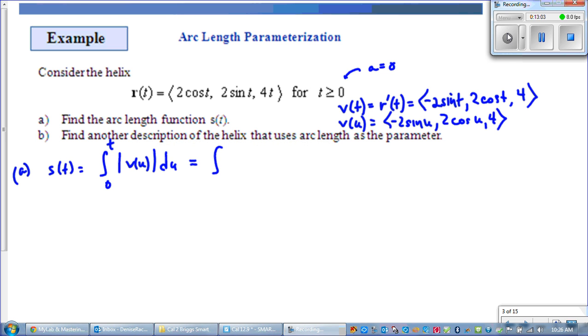So we're integrating from 0 to the variable t. The magnitude of v of u will be the square root of negative 2 sine of u squared plus 2 cosine of u squared plus 4 squared.